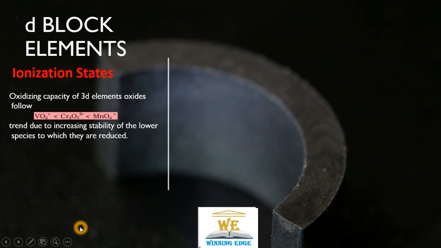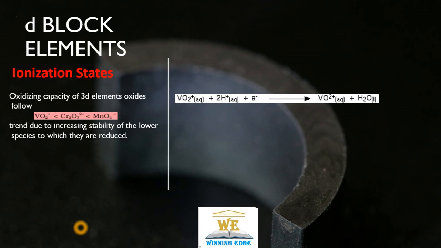Now these vanadium ions, why is it so? It depends upon the species to which they are reduced, and then what the standard electrode potential is for that reaction. Let's see. It got reduced to VO2 positive. So from the +5 oxidation state it goes to +4.